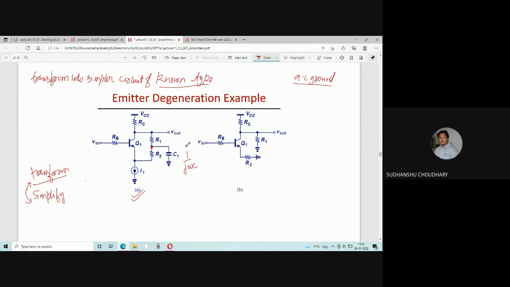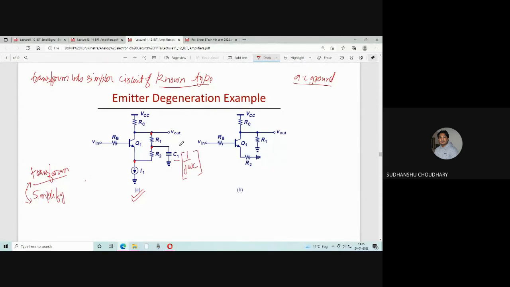If it is a short circuit, that means it will connect the current from this node to ground and the current from this node also to the ground. That is actually the job of this capacitor. So it acts as an AC ground, that is, it acts as a short circuit at high frequencies.